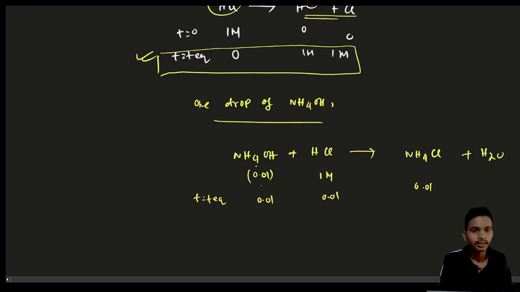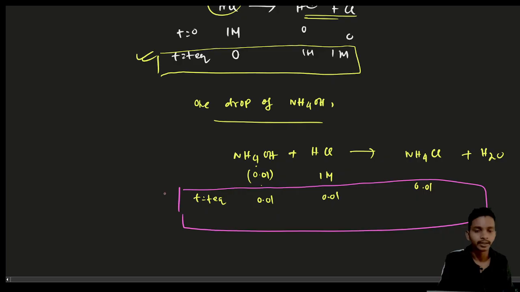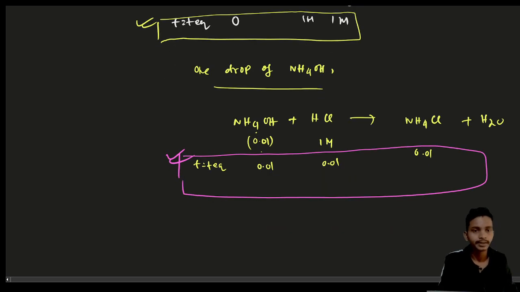This is in the solution whenever I add one drop of NH4OH. This NH4Cl is a strong electrolyte, so it is dissociated into NH4 plus and Cl minus.